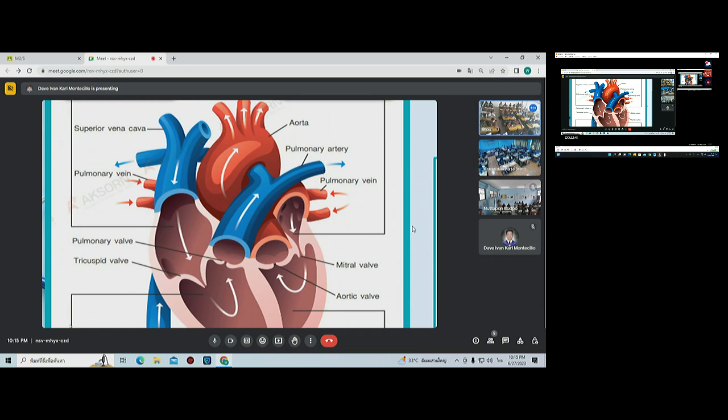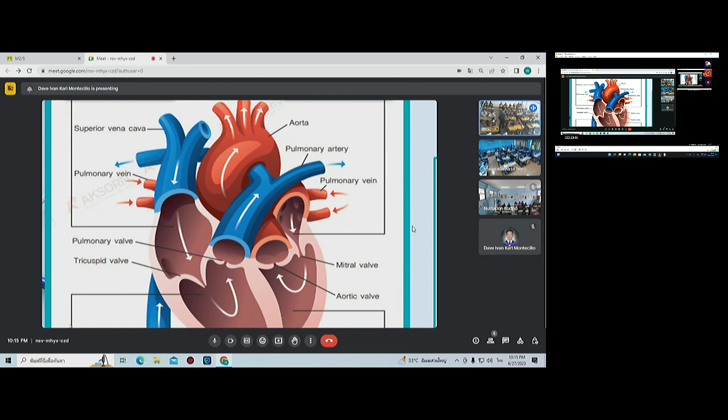Are you sure? Okay. So let me ask you, where does oxygenated blood enter? We have the pulmonary vein. Very good. In what chamber does oxygenated blood first enter? That's the left atrium.